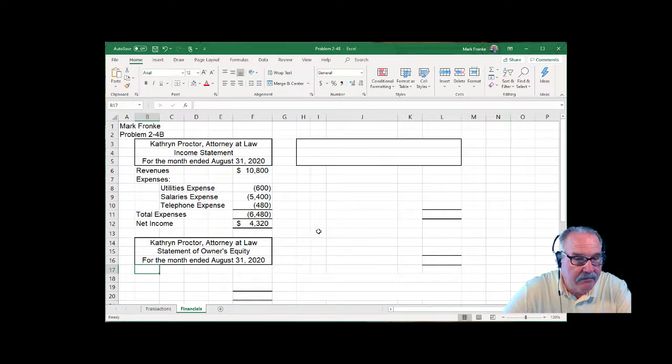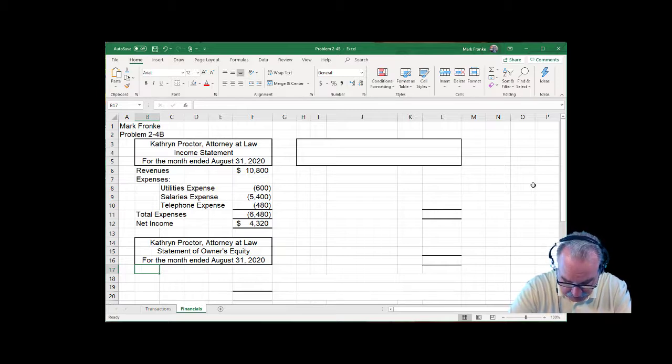So what this statement does is it connects the income statement to the balance sheet by taking the beginning capital and then showing any changes that have been made to the capital account as a result of the operations for the month.